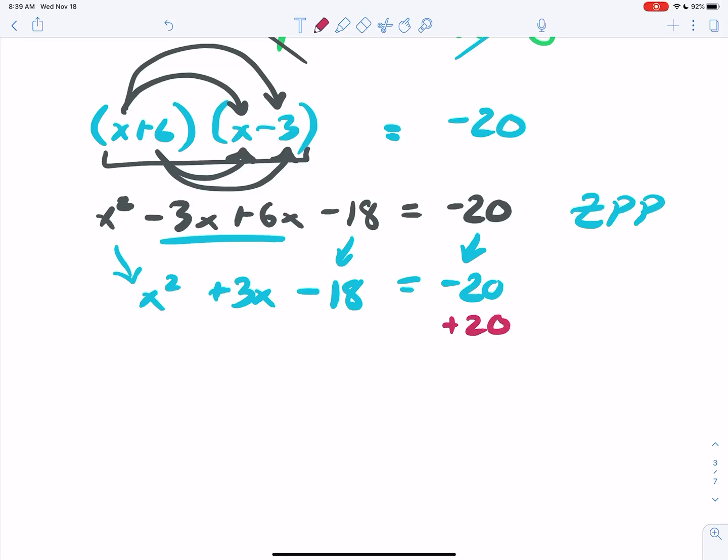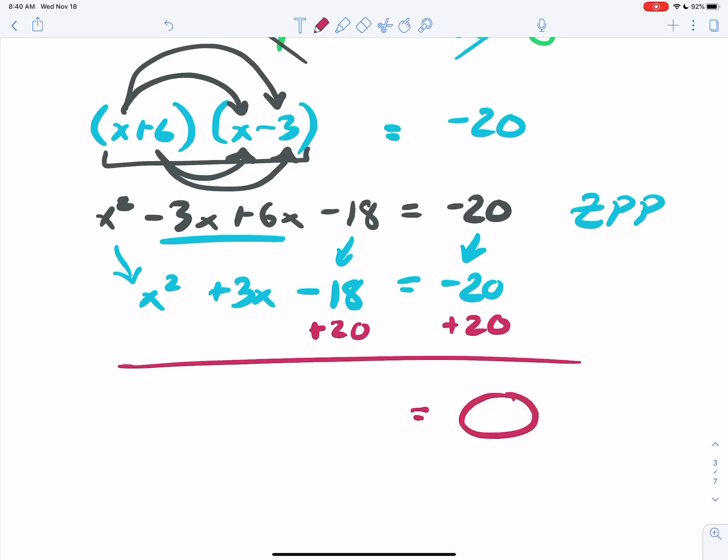And what I do to one side, I do to the other. Now, 20 can only add with which term here? Okay. You wouldn't put it here because 20 doesn't have an x. And you wouldn't put it here because 20 doesn't have an x squared next to it. So since it's a constant, you have to add it with the other constant. Okay. So check it out. I have my 0.